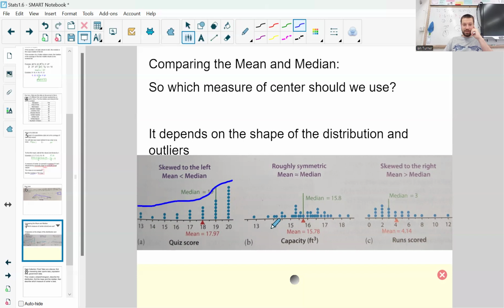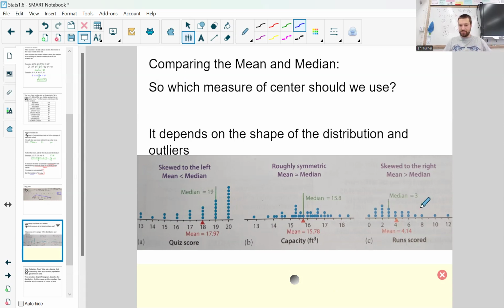The mean is 17.97, but the median is 19. Do you see how these can be pretty different? Our mean is a little bit under 18 and our median is 19. So the mean gets pulled in the direction of the skewness.